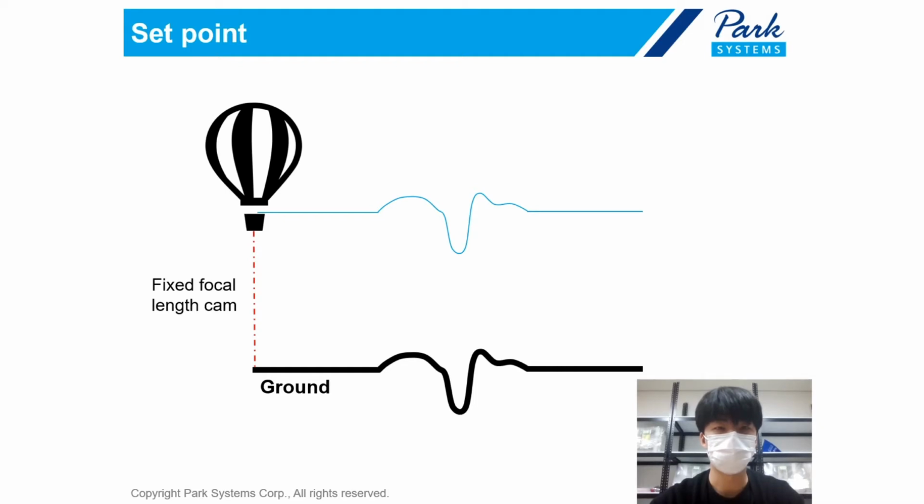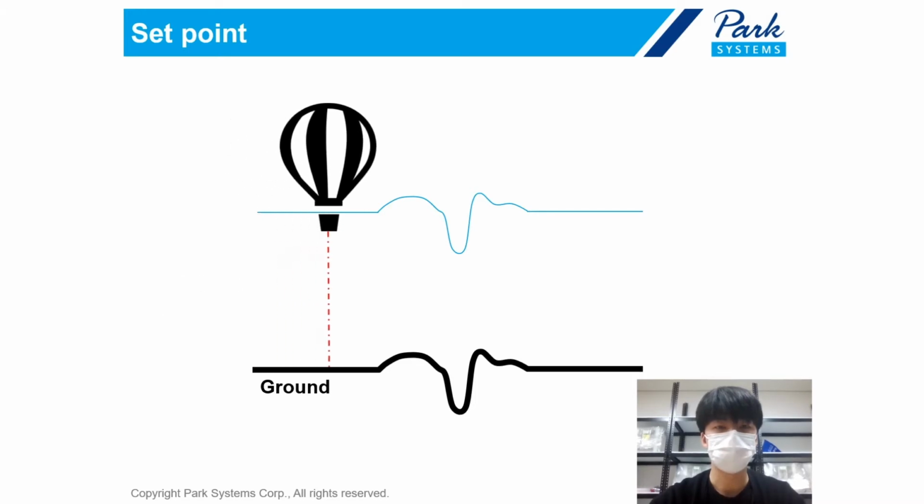This is a very easy approach to understand what set point is. Think like you are in an air balloon with a fixed focal length camera, and you have to picture the roughness of the ground without any focus out. What can you do in this situation?